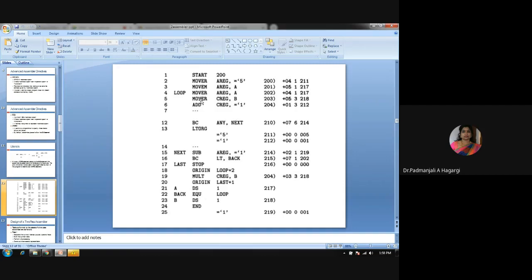Then the next MOVR. Sorry, here it should not be 05, it should be 4 only, because the MOVR instruction value is 4. AREG is the register, BREG means B register, CREG means C register, where the category code is 3.